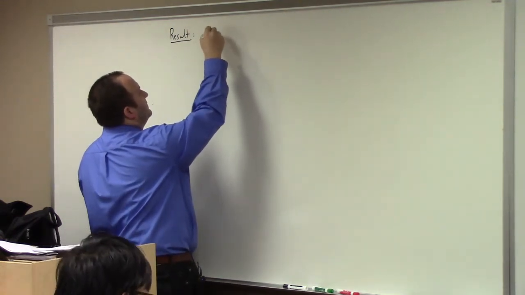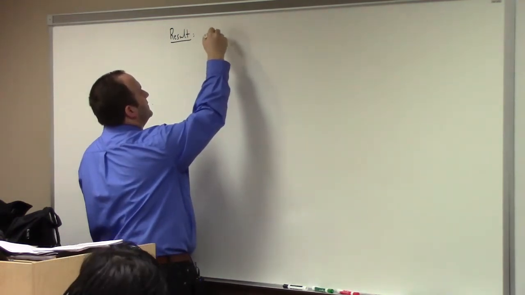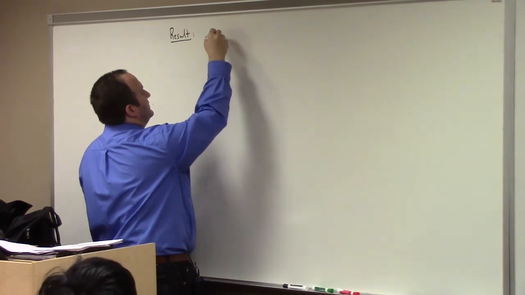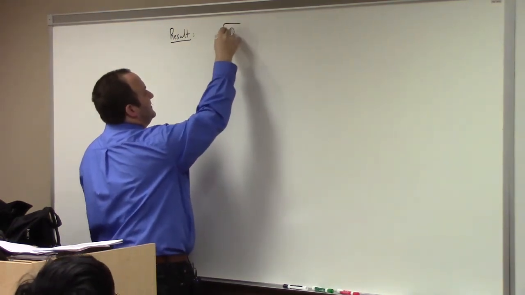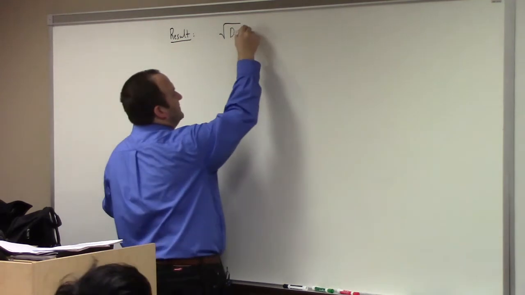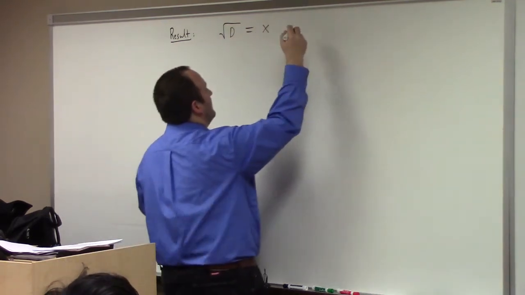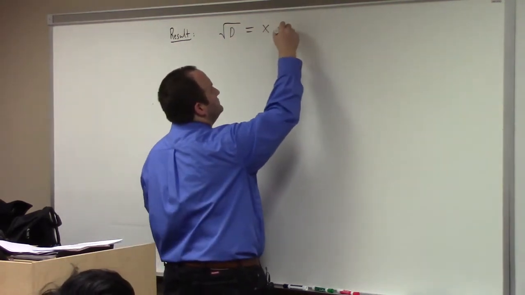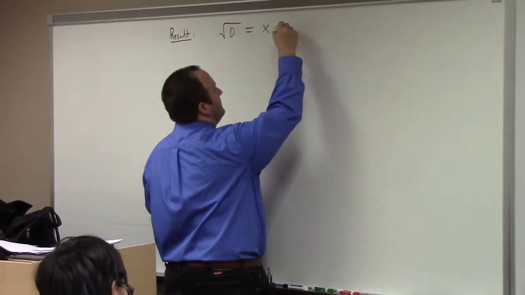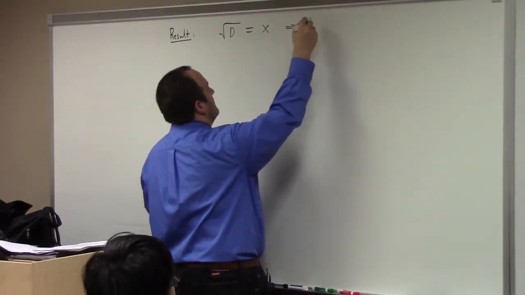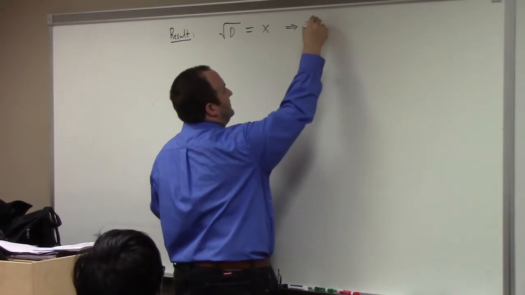If we have, so what would the square root of d be defined to be? What does square root of d mean? If we call that, let's say x, what's that mean? X squared is equal to d, right?